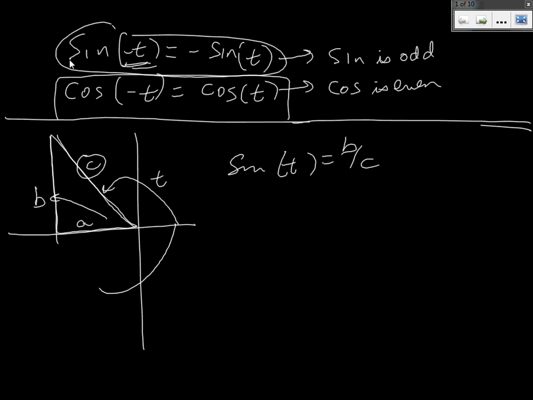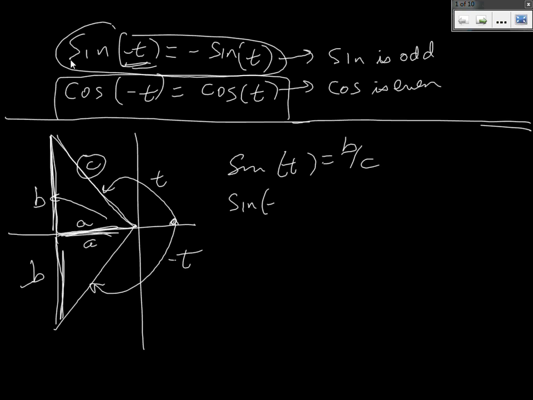Negative t starts in the same place and goes the same amount in the opposite direction. This is going to be a, and this is going to be the same length as up there, but it's going to be negative that length. And the sine of negative t is going to be negative b over c. Once again, they differ by a negative sign.